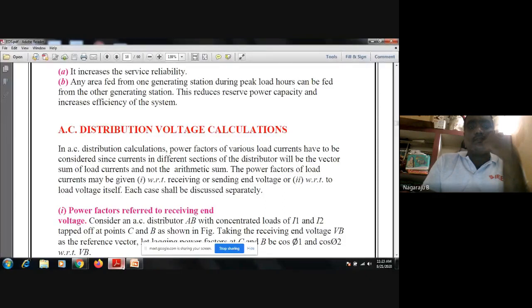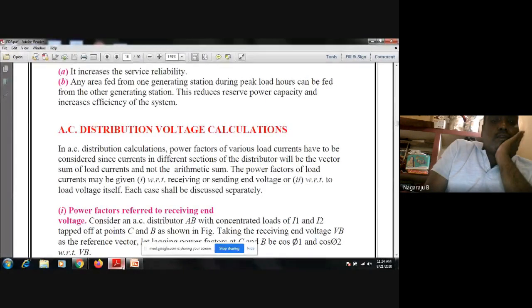Okay, in AC distribution calculation, if tapping points are there, the power factors of various load currents have to be considered, since currents in different sections of the distributor will be the vector sum of load currents and not the arithmetic sum.